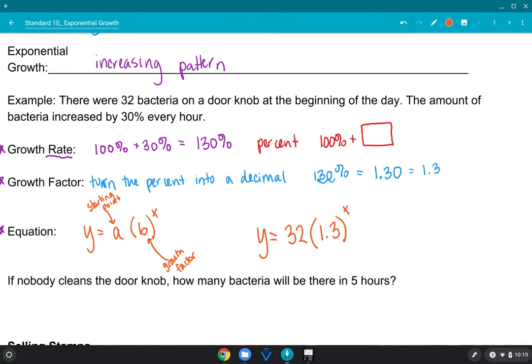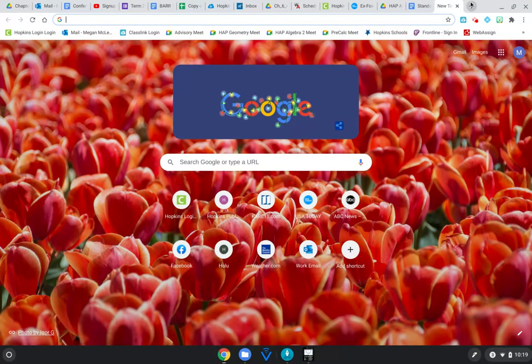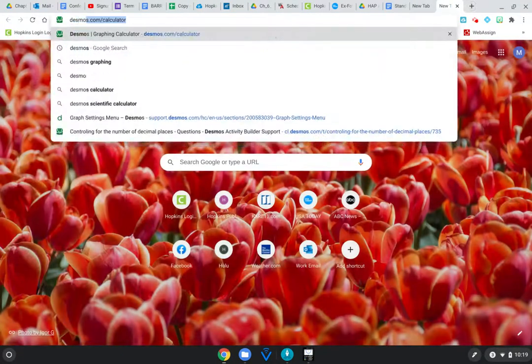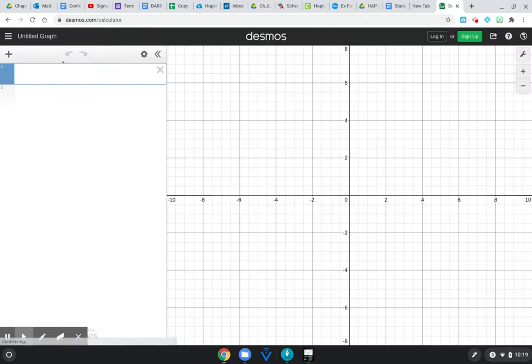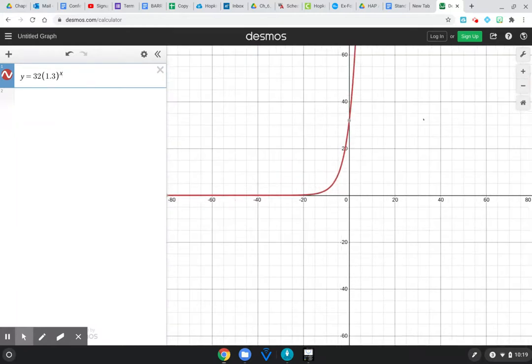Now I'm going to show you guys real fast what this looks like on a graph. So I'm going to go to Desmos here. And we said 32 to the power of x. Okay, so I'm going to zoom out. And look what happens, you guys. So it starts at 32.